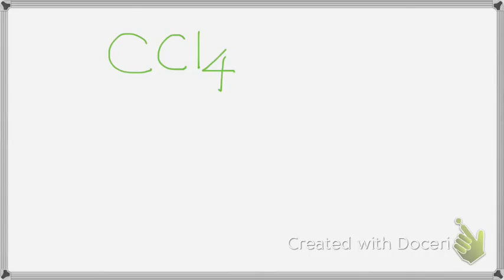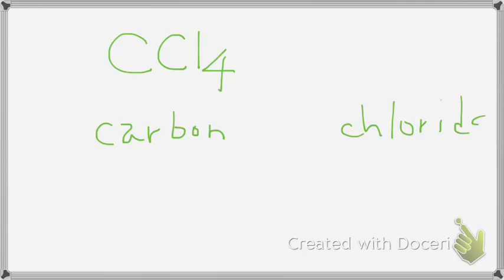I want to give you a moment to try to come up with a name. The first one would be carbon. And it's going to end with chloride. But what's the prefix for 4? It's tetra. So this becomes carbon tetrachloride.